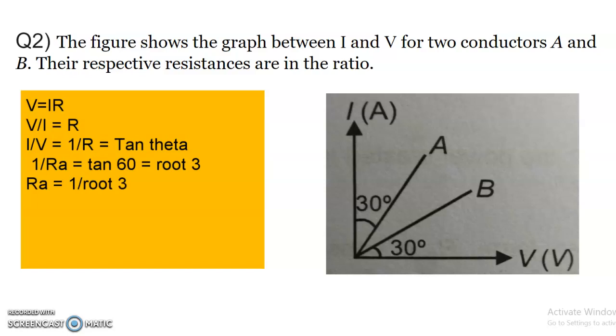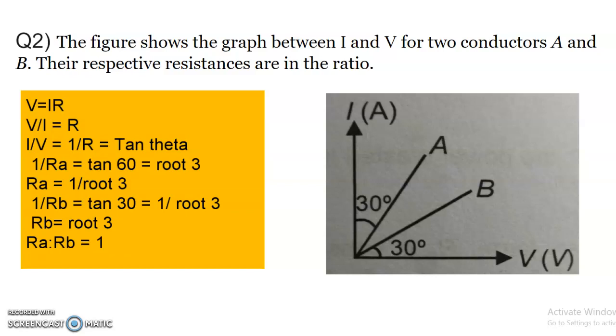Now for conductor B, 1 by RB is tan 30, which is 1 by root 3. Hence, RB is going to be root 3. Now the ratio of RA to RB is 1 by root 3 to root 3, which gives us 1 is to 3.